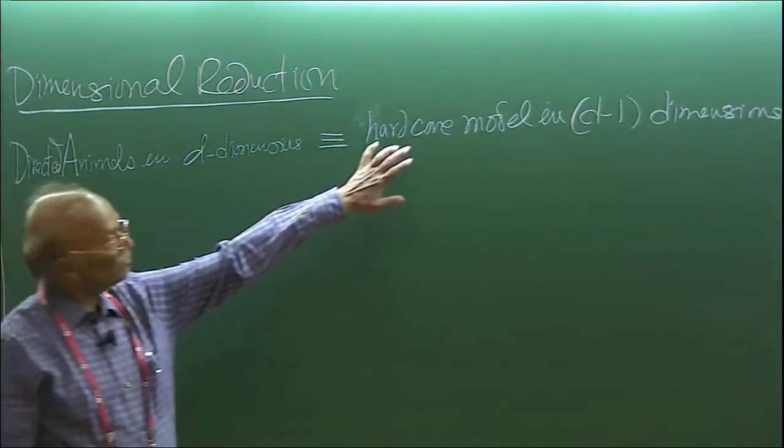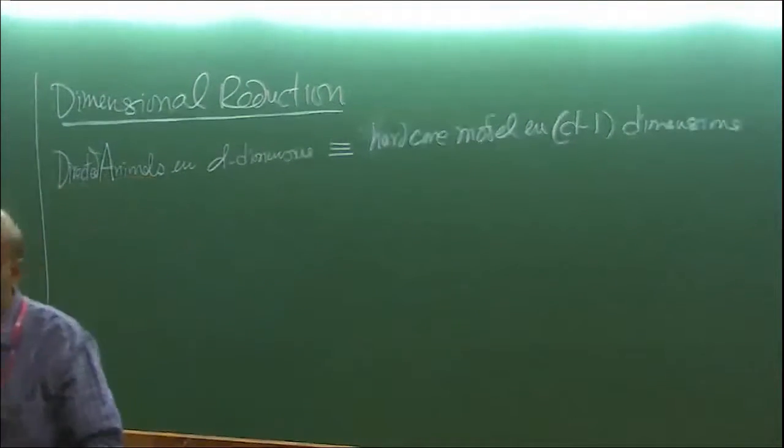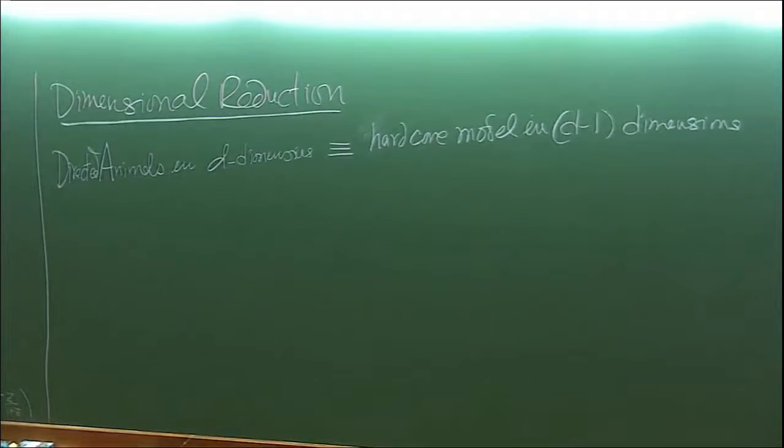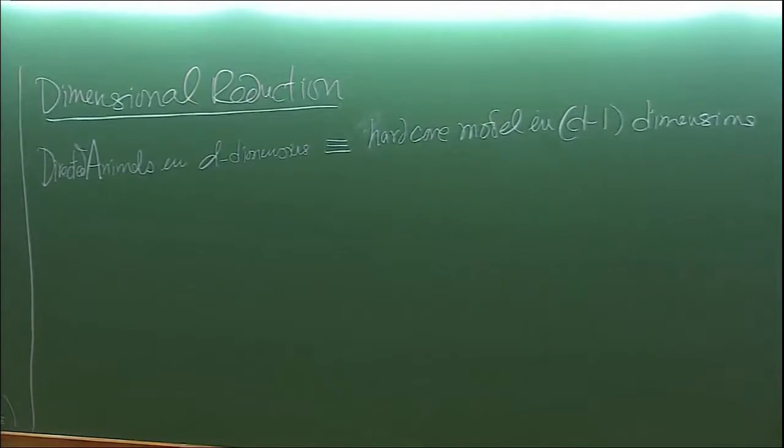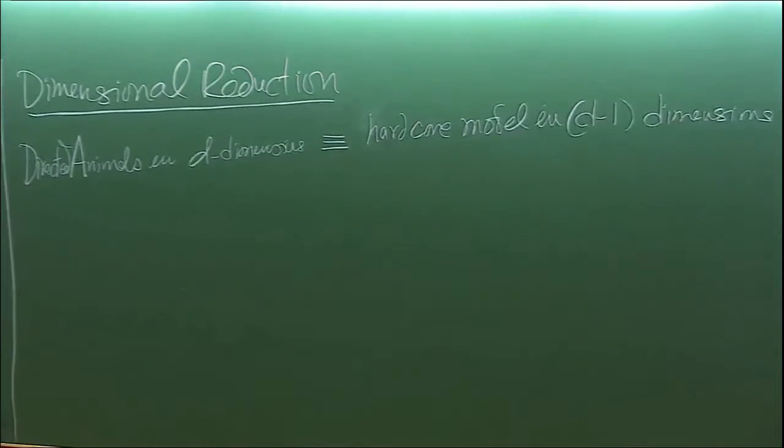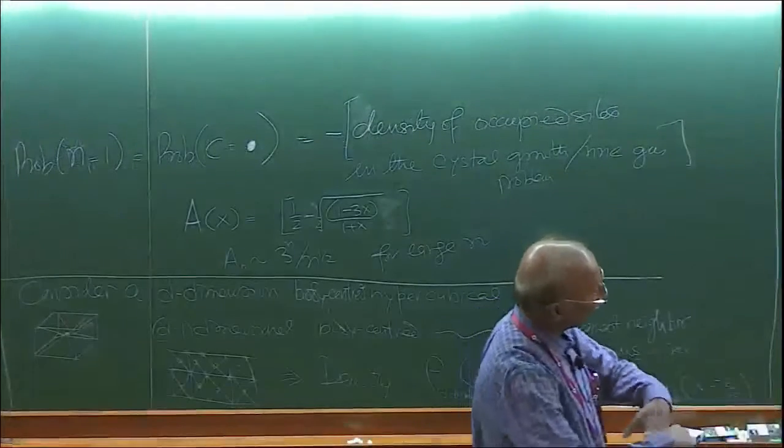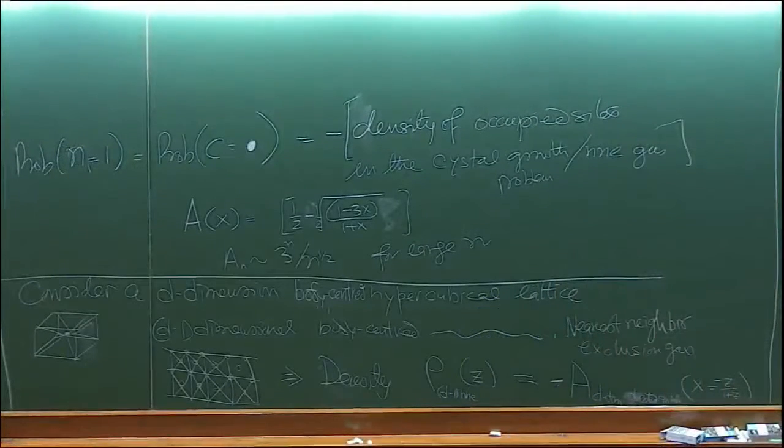So these models are characterized by this Lee-Yang edge singularity, which is the singularity closest to the z origin in the z plane, and that occurs at negative z, and so the corresponding animal problem is with positive weights.